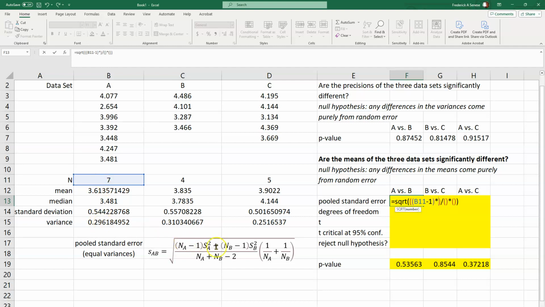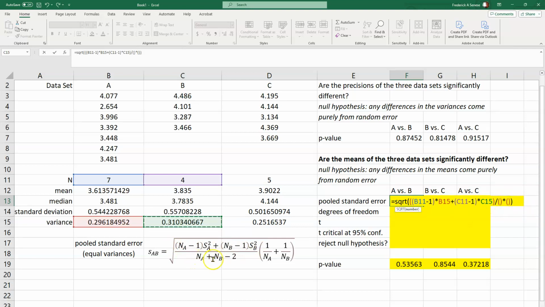The SA squared here is the variance of set A, plus NB minus 1, close the parentheses, times the variance for set B. All right, so I have got this part of the expression typed in.